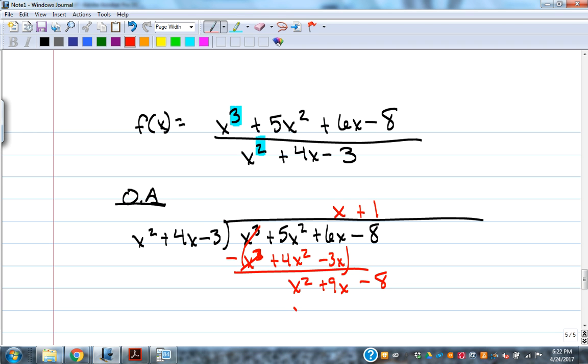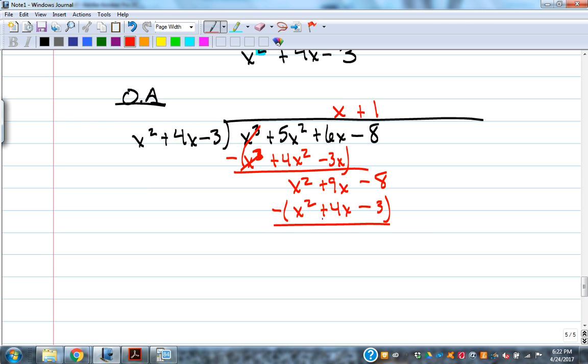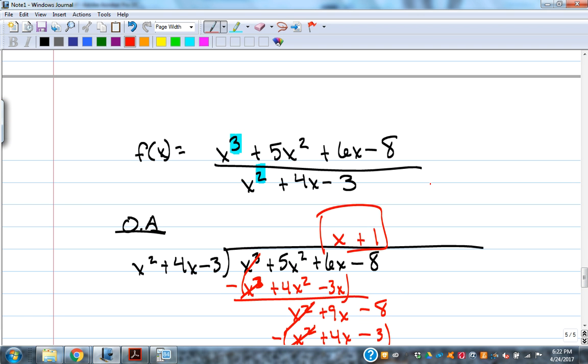That'd be plus 1. Subtract. And then what happens after that really doesn't matter, because those cancel, and that's 5x minus 5. Our oblique asymptote would be y equals x plus 1. The remainder doesn't matter when it comes to the oblique asymptote. So the obliques are happening when the degree at the top is 1 more than the degree at the bottom.